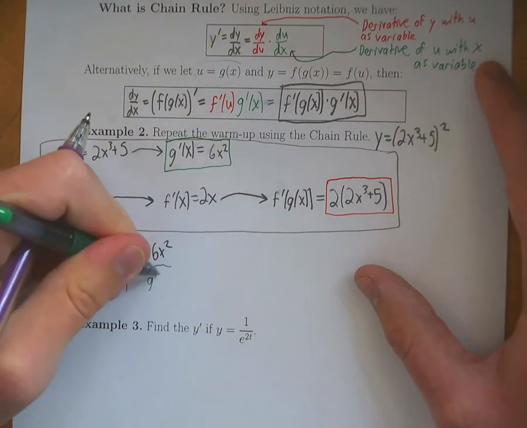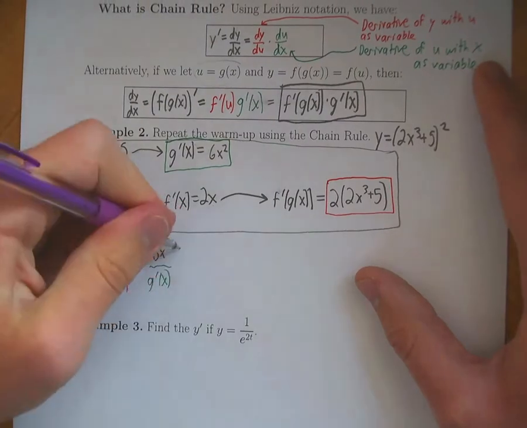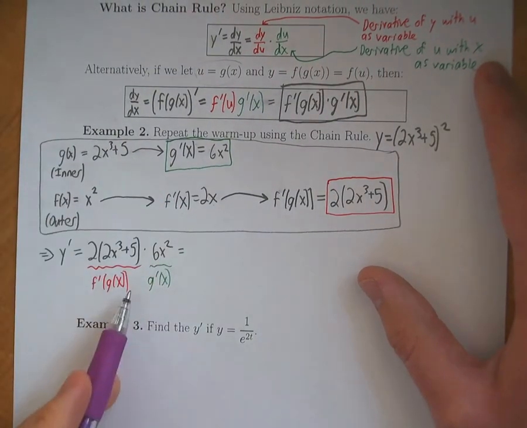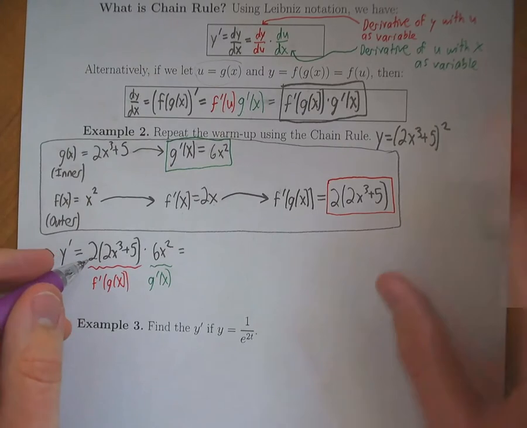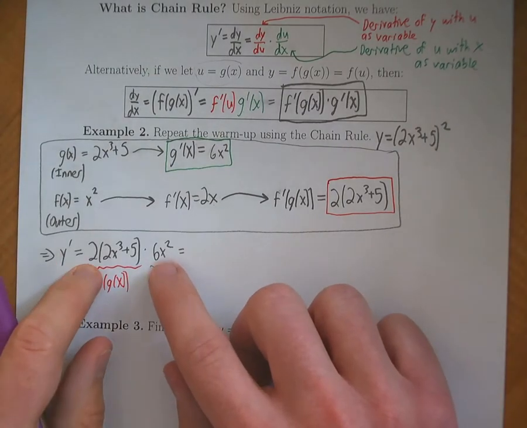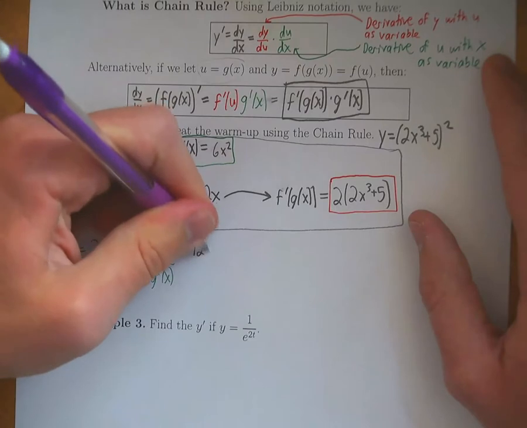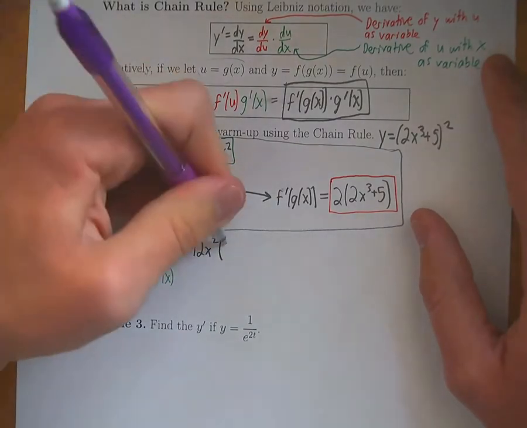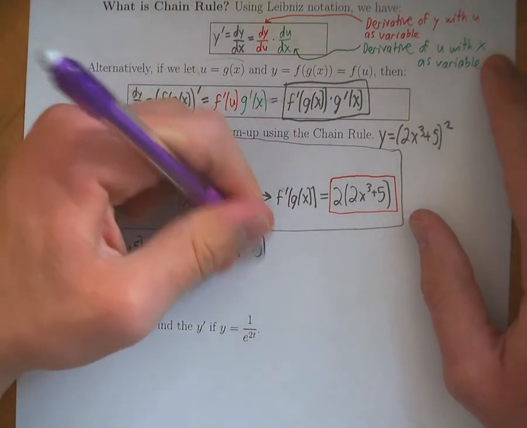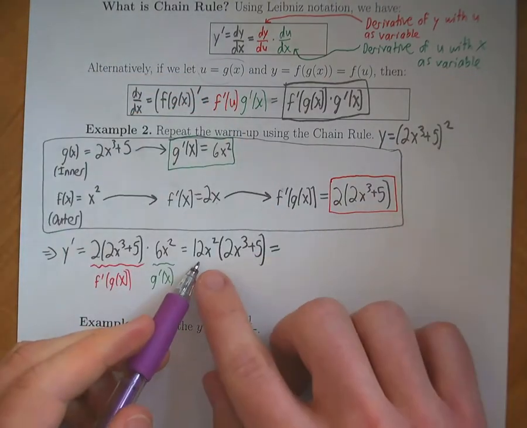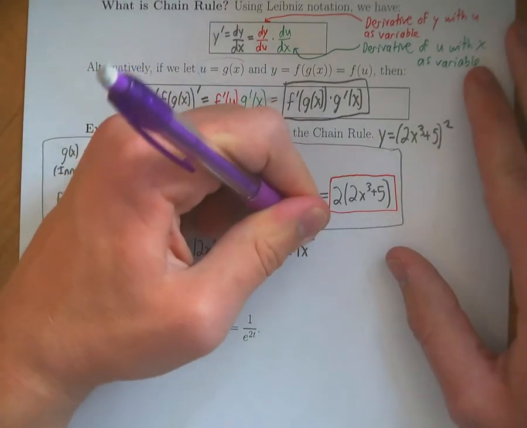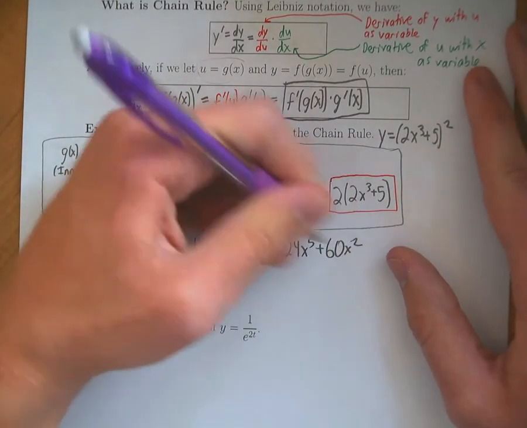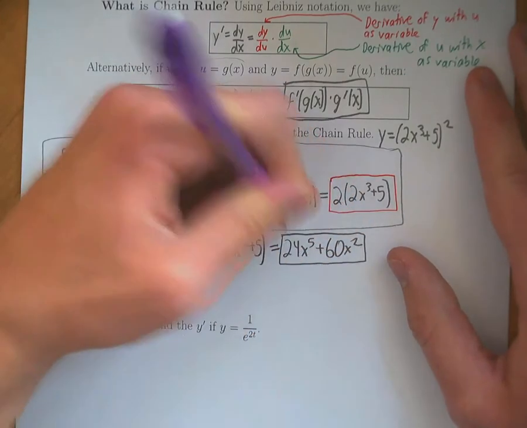This isn't wrong, but just to make sure we're all on the same page with what we had in the warm-up, let's clean this up a bit. We can multiply 2 and 6x squared to get 12x squared times 2x cubed plus 5. Then if we distribute 12x squared into 2x cubed plus 5, we have 24x to the 5th plus 60x squared, which is exactly what we got in the warm-up.